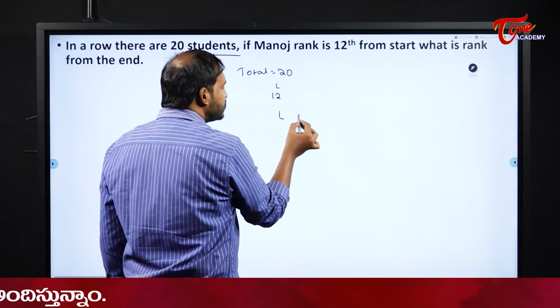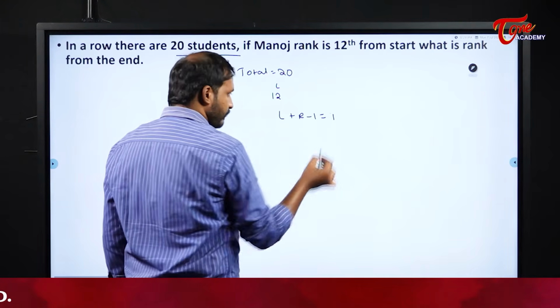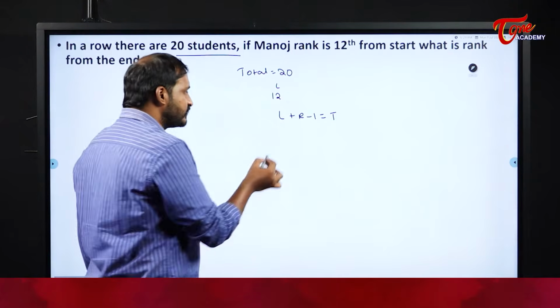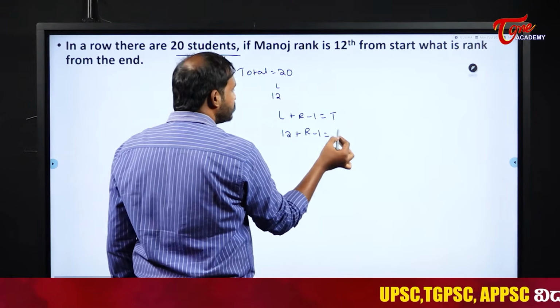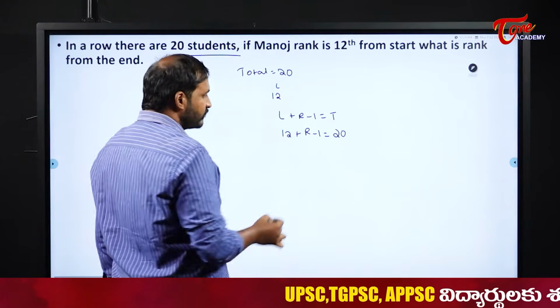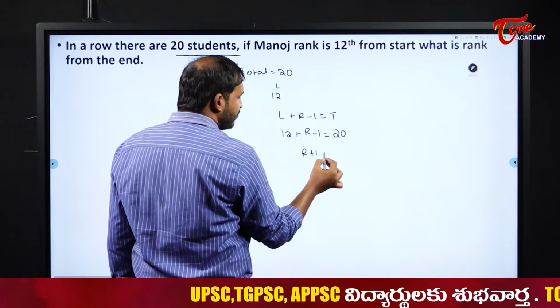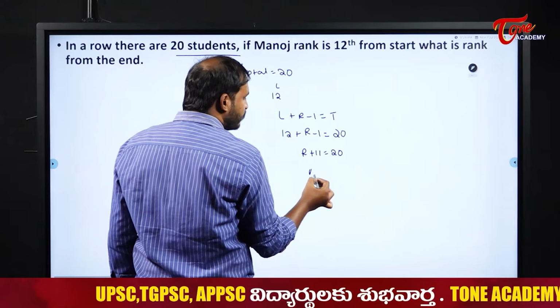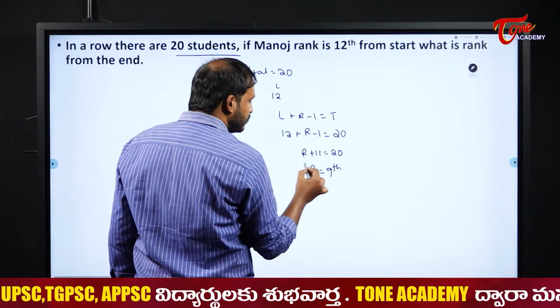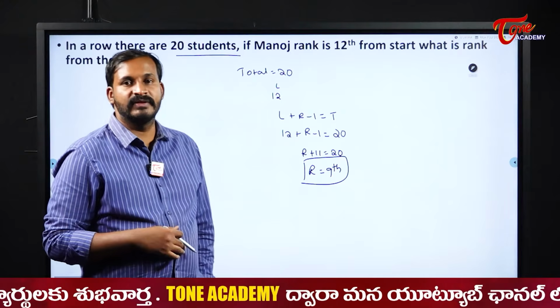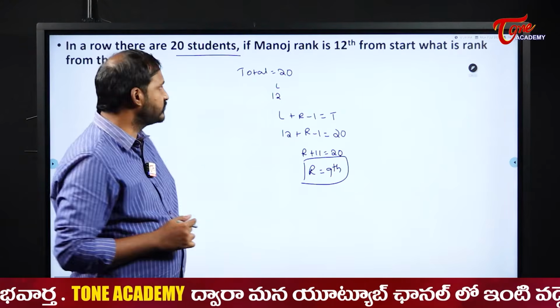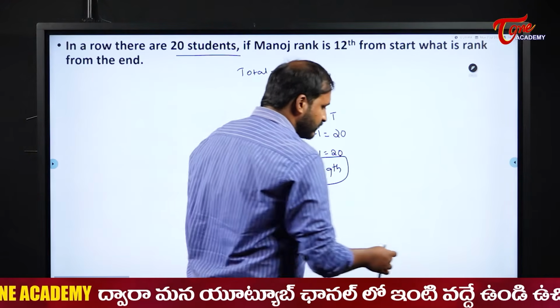We know that left plus right minus 1 is equal to total. From the left it is 12, so from the right, r plus 12 minus 1 is equal to 20. So r plus 11 is equal to 20. From the right his position will become 9th. Understood? This is how we find this.